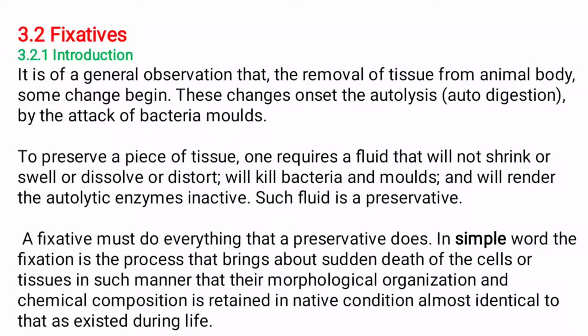So, the fixation process or fixatives. It is a general observation that after the removal of the tissue from the animal body, some changes begin. These changes are the onset of autolysis, that means autodigestion by the attack of bacteria, bacterial mold or autolytic enzymes.